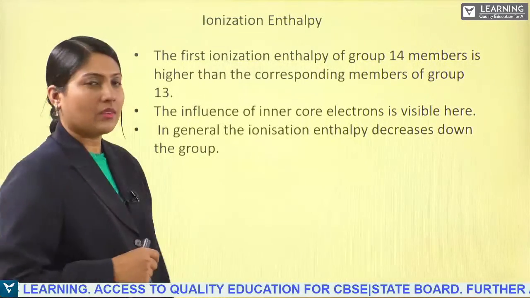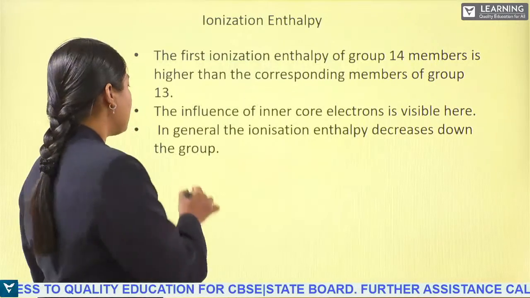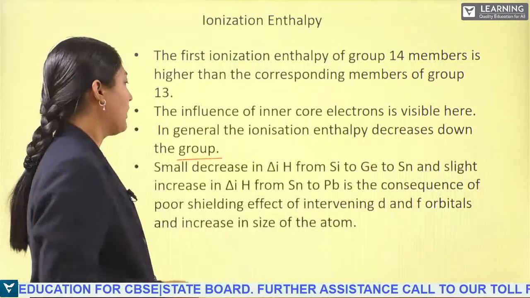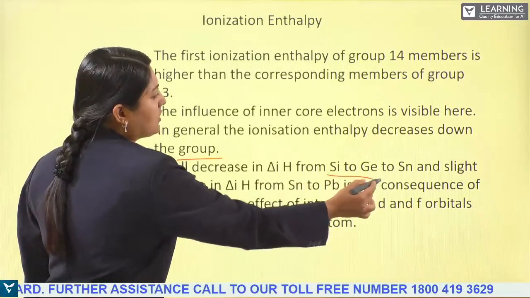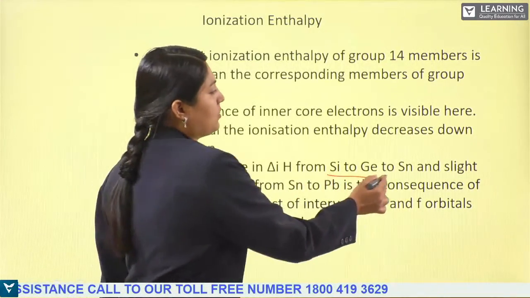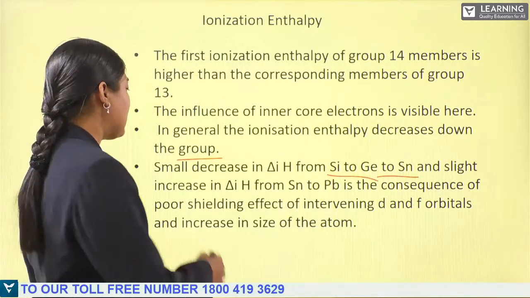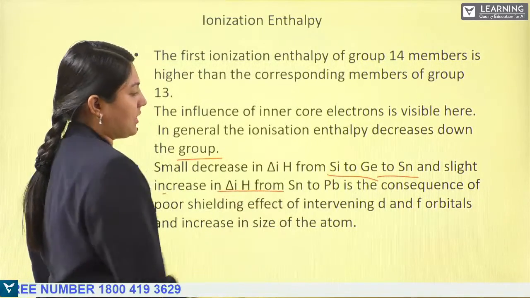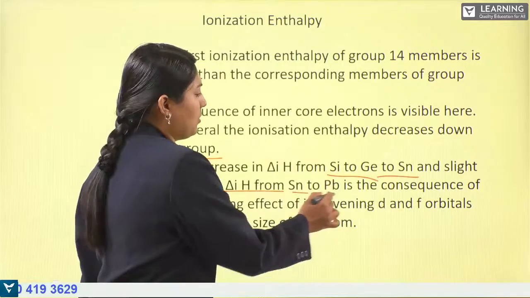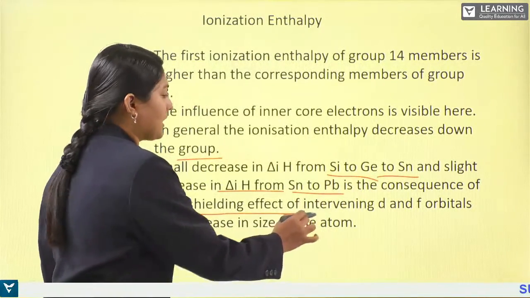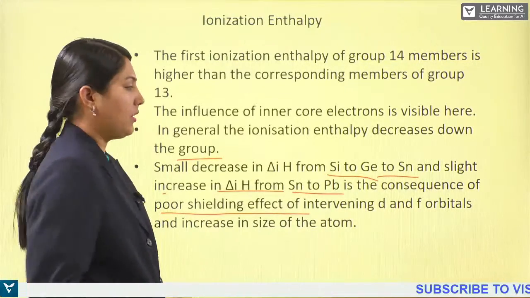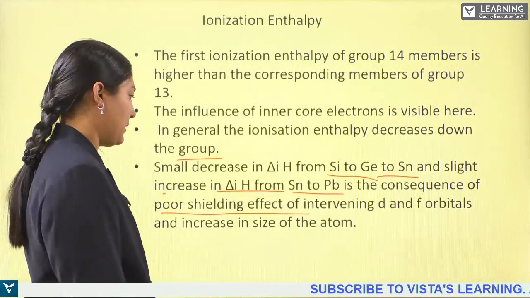In general, the ionization enthalpy decreases down the group, as we know. The small decrease in ionization enthalpy from silicon to germanium and then to tin, and the slight increase from tin to lead, is the consequence of the poor shielding effect of the intervening d and f orbitals.